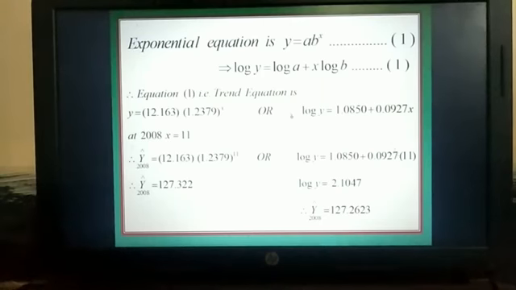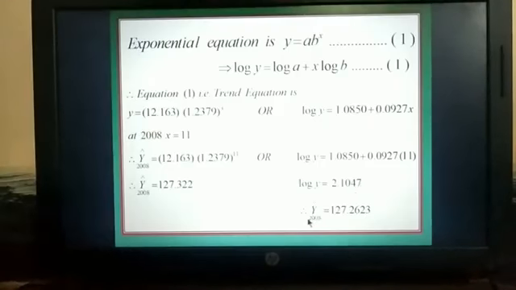127.322. Or using this trend equation also you can calculate log Y as it is 1.0850 plus 0.0927, as it is. This X value has been substituted as 11. After performing required calculations, log Y is equal to 2.1047.